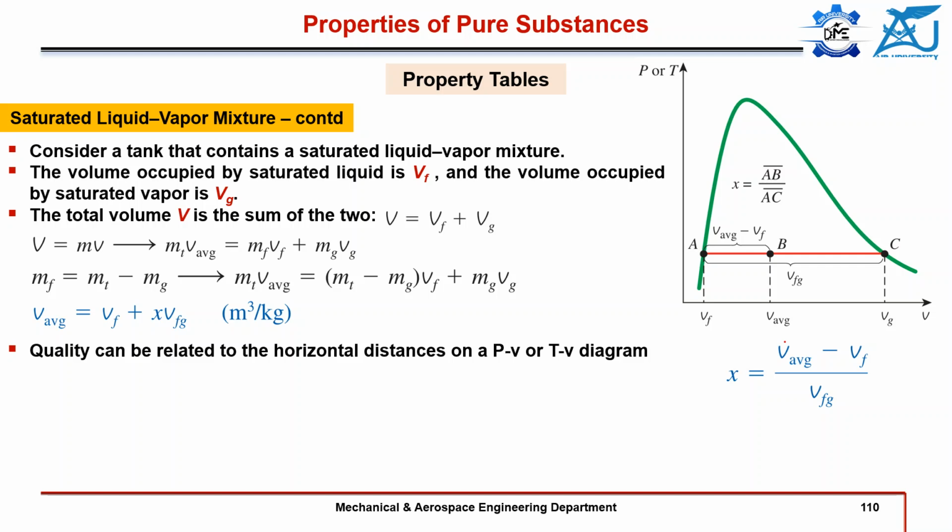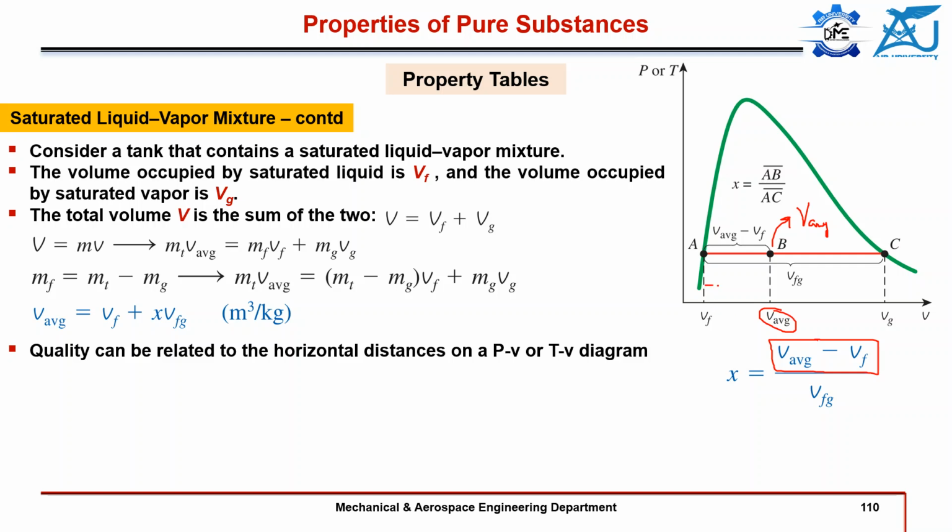So this numerator term, first let us understand what is meant by this vfg, which I can already explain to you. V average means the property at the point where you are evaluating. So this V average minus vf, V average is here and minus vf is here.